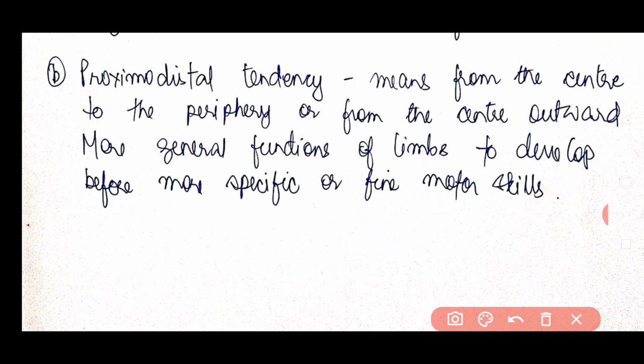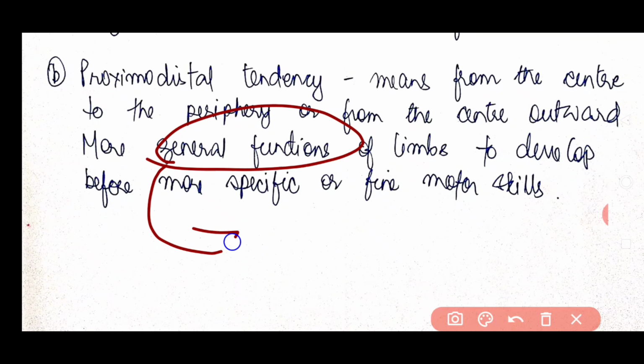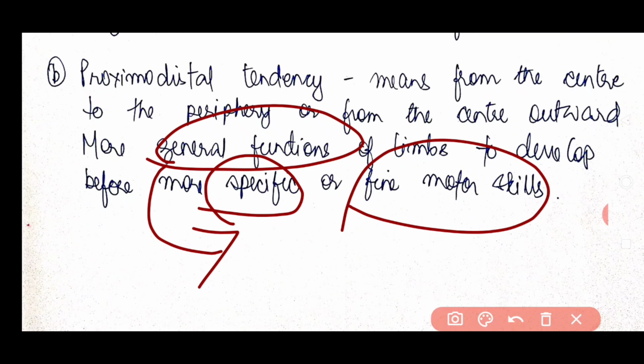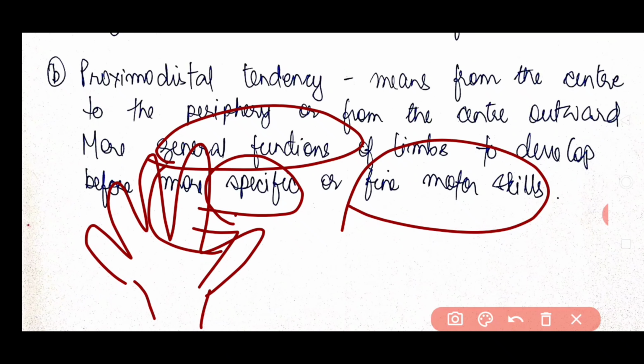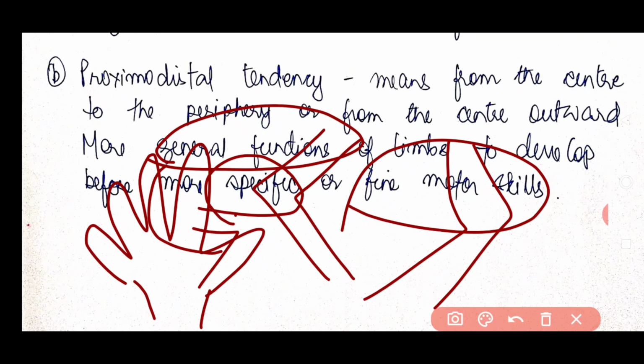So the limbs are able to perform more general functions, after which they will be able to perform more specific, more refined motor skills. Example is control over the baby's fingers. The control over fingers comes after the control over the arms. Which is more general? The arms are more general than fingers.